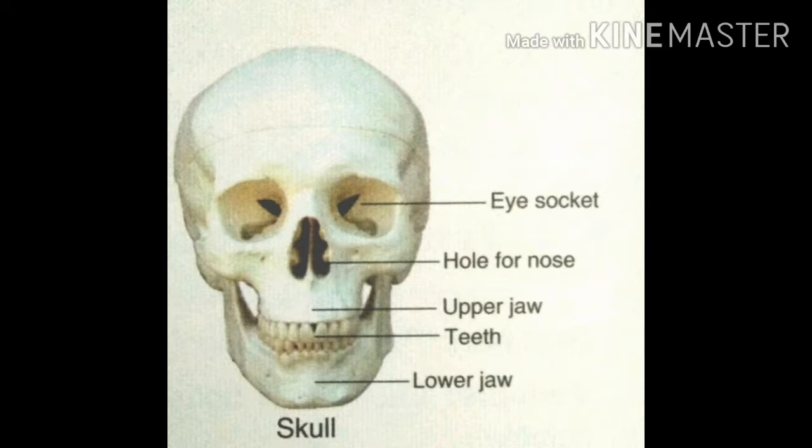We can only move the lower jaw in a skull. Because of the lower jaw, we can chew and talk. The rest of the skull is immovable. Only the lower jaw is movable.